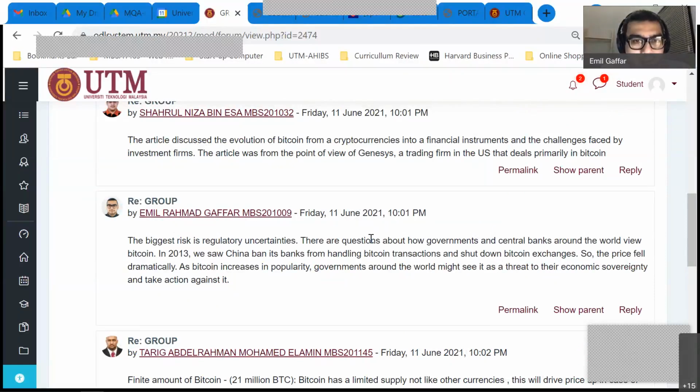The article also mentions that in 2013 China banned its banks from handling Bitcoin transactions. It's still not confirmed in terms of regulation, because governments around the world see it as a possible threat to their economic sovereignty. There might be some governments who have already applied or set up rules.